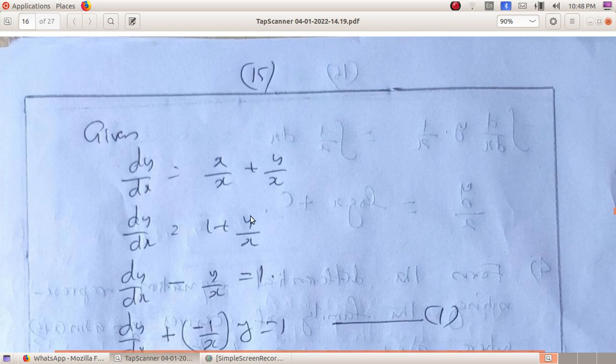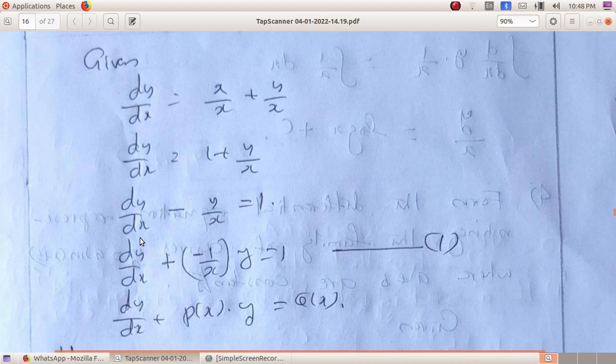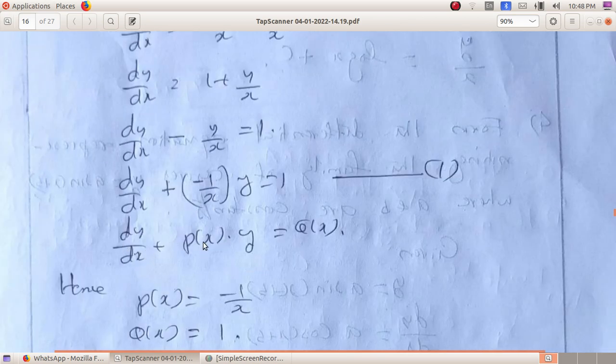Dy by dx, this y by x is moved to the other side: dy by dx minus y by x equal to 1. Then this is of the form dy by dx plus p of x into y equal to q of x. What is p of x? Minus 1 by x. What is q of x?